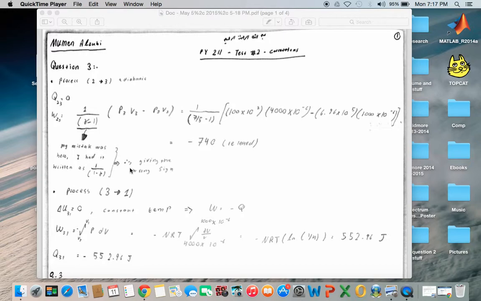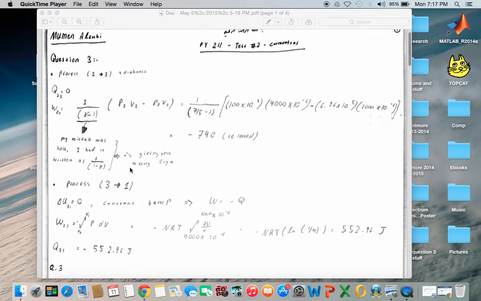So by correcting that, you would get negative 740 joules, which is supposed to have had a J there for the unit.